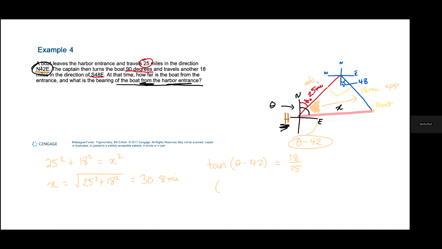So if I do tan inverse, in degree mode, I end up with 35.75 degrees. Okay, but again, that's just this little part right here.